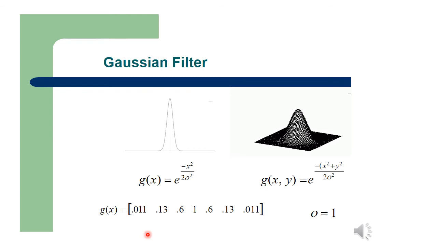If we put the value of x as 1, this expression gives us 0.6, if we put 2 we get 0.13, and if we put 3 we get 0.011. As you know, the Gaussian is a symmetric function, so we will have the same values for the negative side, and these values are calculated with standard deviation one.